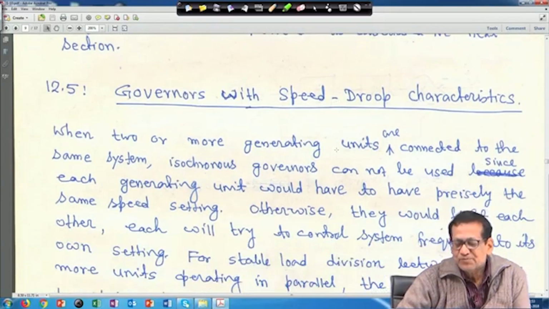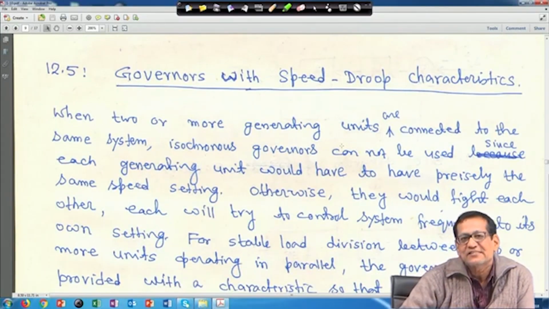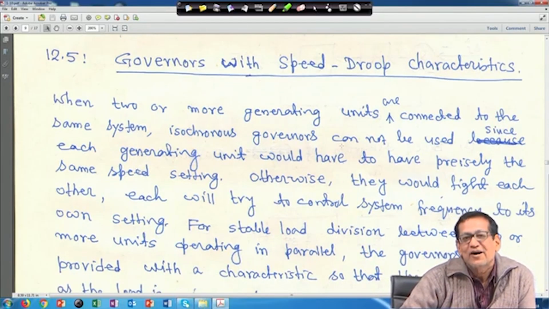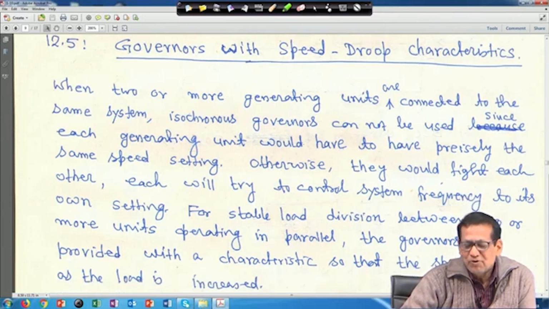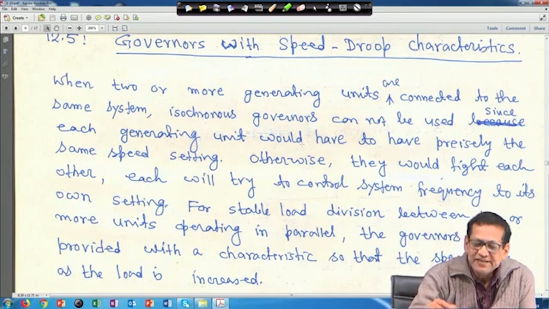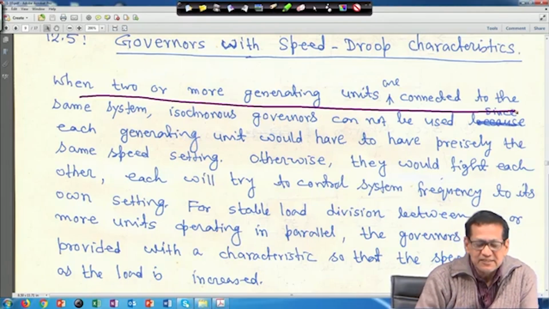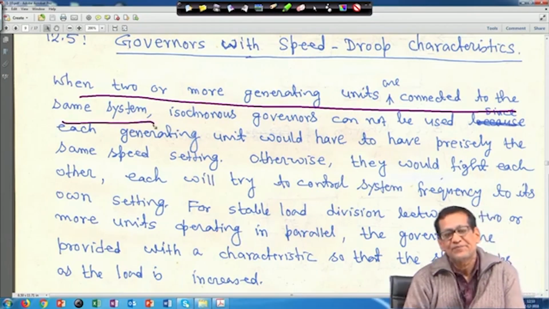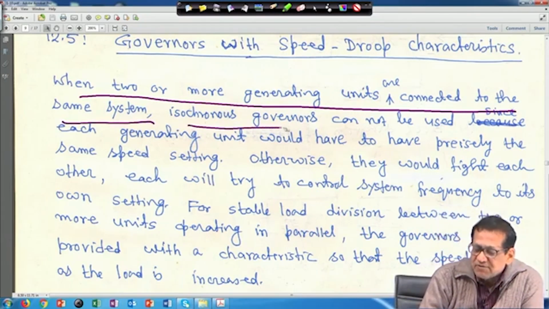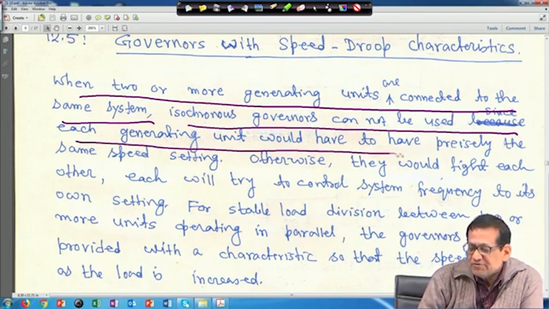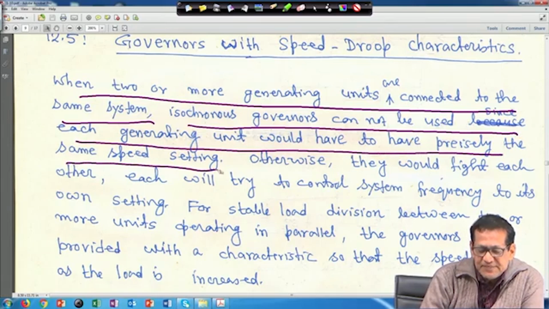The governor with speed droop characteristic, sometimes we call it the speed regulation parameter, or simply the regulation parameter. When two or more generating units are connected to the same system, isochronous governors cannot be used, since each generating unit would have to have precisely the same speed setting.